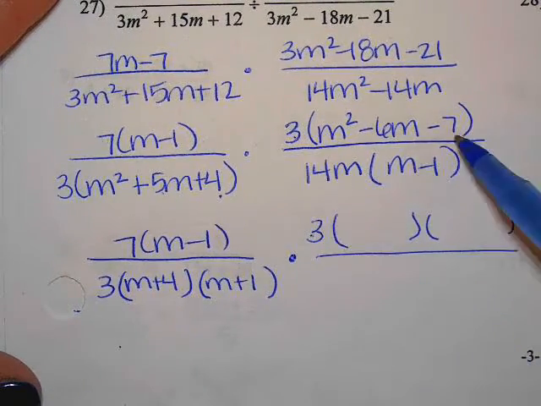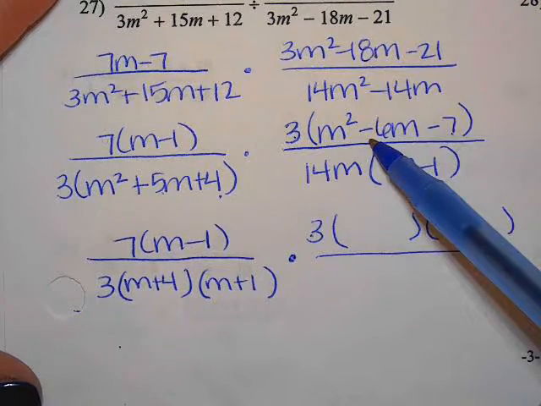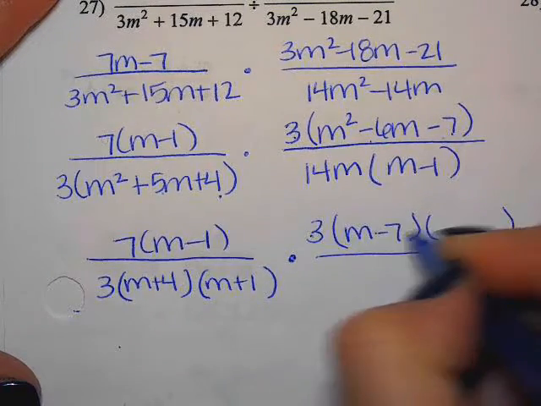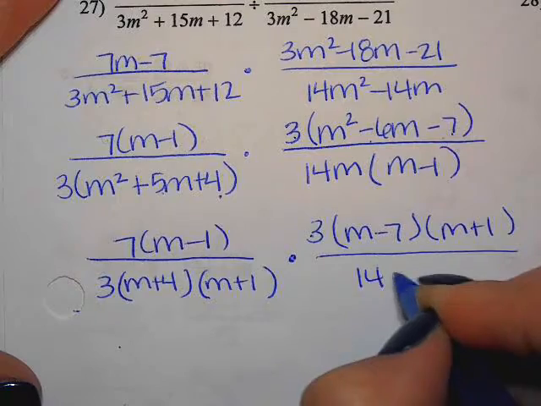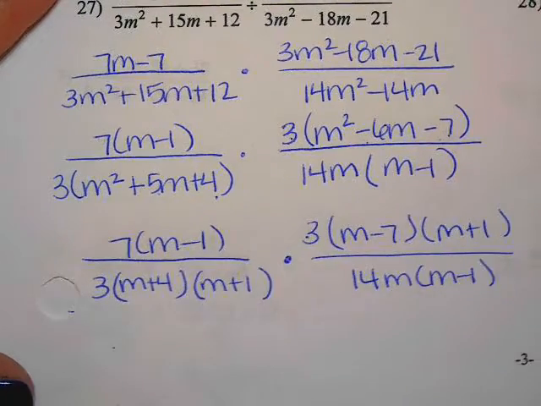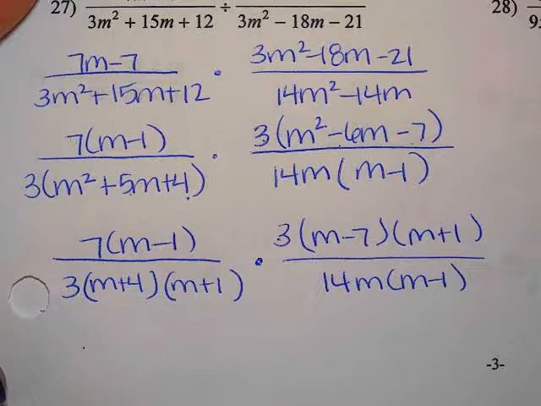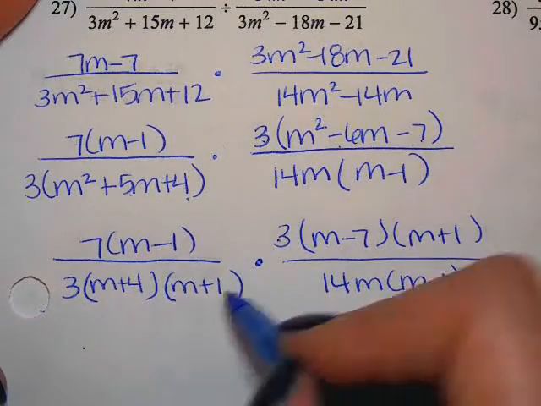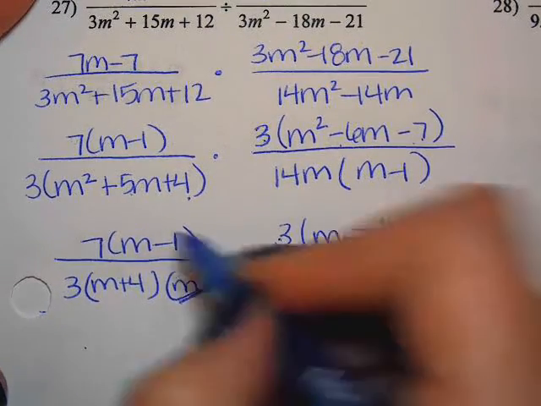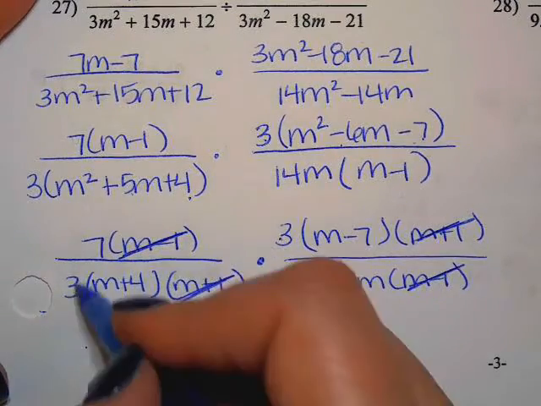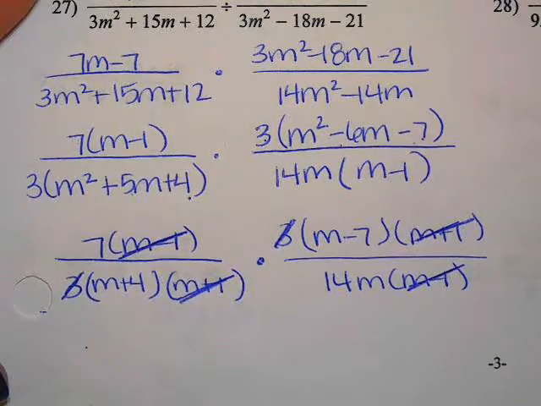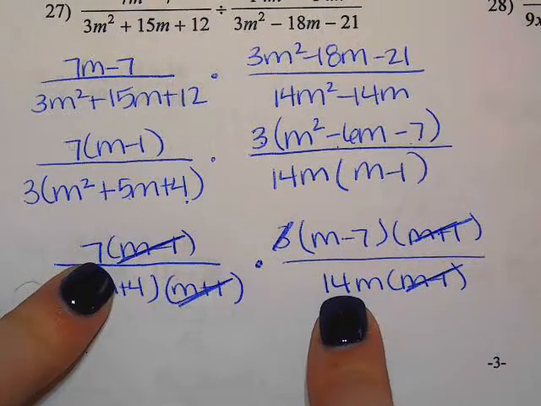So took out the 3. For the top, we're looking for two things that multiply to -7, but add to -6. -7 and 1. Okay, so what do we see? M plus 1, M minus 1, the 3's, the 7 and the 14.